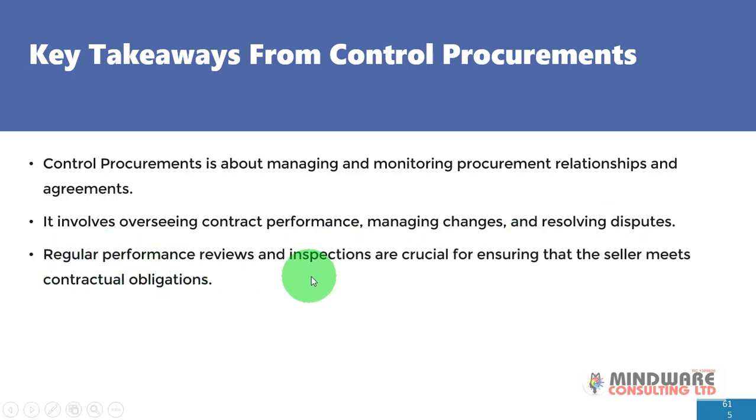Now, regular performance reviews and inspections are crucial for ensuring that the seller meets contractual obligations. So the crucial part of control procurement is regular performance reviews and inspections.